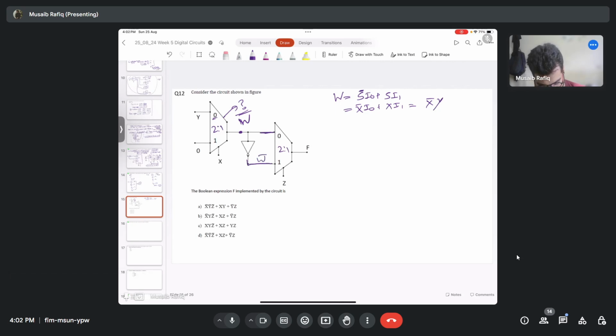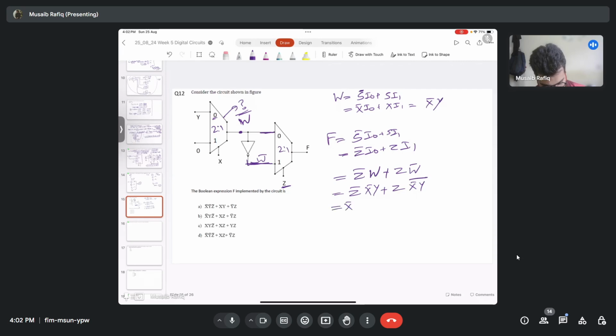So my f is equal to S bar I0 plus S I1, and that is equal to z bar I0 plus z I1, because the select line is z. Z bar I0 is w, and I0 is w, and I1 is w bar here. So w will be equal to z bar x bar y plus z times (x bar y) whole bar.